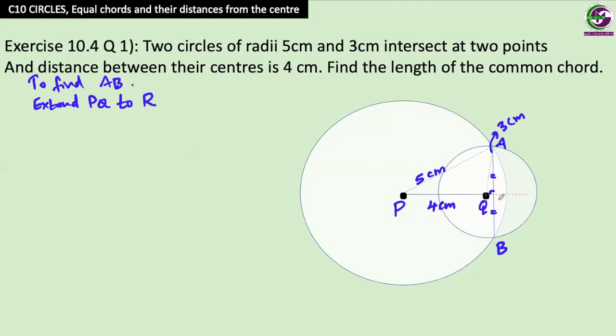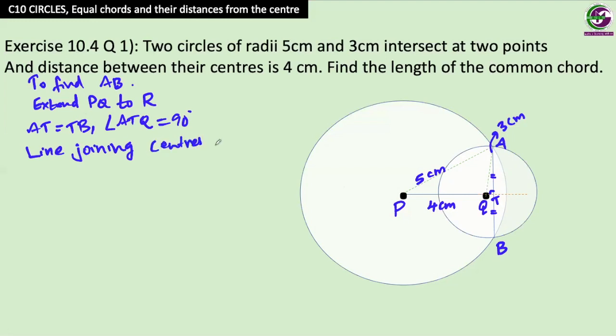Let's name it T. AT is equal to TB and angle ATQ is 90 degrees because the line joining the centers of two circles is a perpendicular bisector of the common chord.